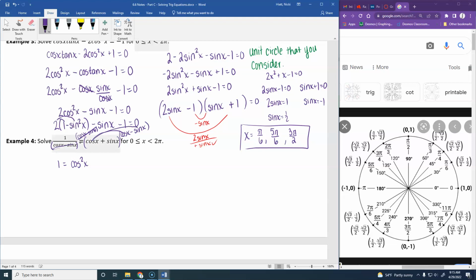Cosine x times negative sine, we would just write that minus sine x cosine x, plus, here we'll get another sine x cosine x. You should notice those are going to cancel, so if you don't write that step at all, that's fine. And then minus sine squared x. So we got 1 equals cosine squared x minus sine squared x.